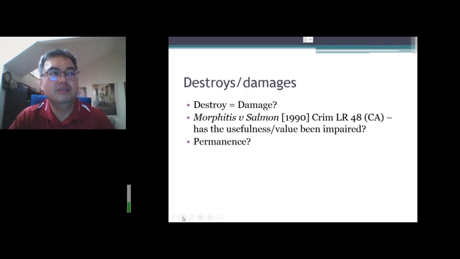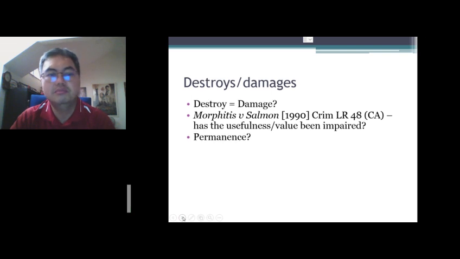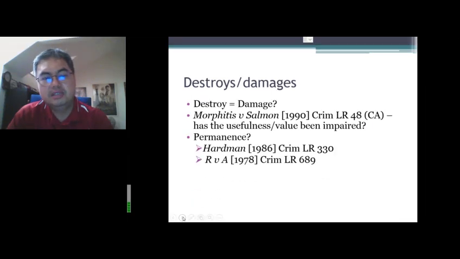Now, what if it's a temporary impairment of the usefulness or the value? Will it still be considered to be damaged, or must it be a permanent impairment? We look at a couple of cases, the case of Hartman and the case of Crown against A. In the case of Hartman, a person painted onto a public space, where he used water-soluble paint, which basically can be washed away with water.